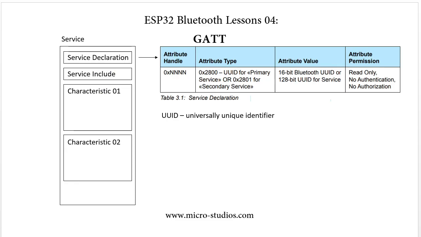Okay, so this is for the service declaration. From the declaration, we can know whether the service type is primary or secondary, and also we can know the service UUID. After that, the client will continue to search the next group of data.